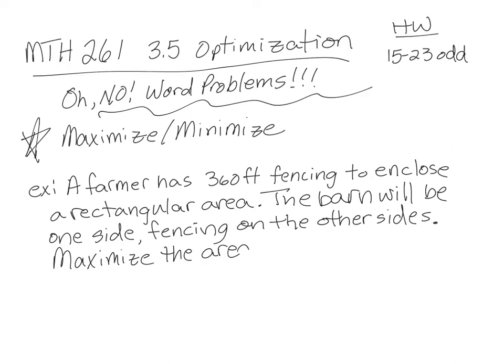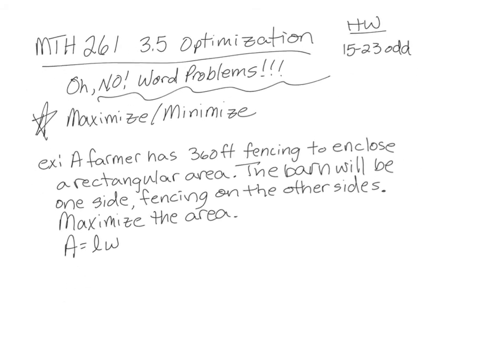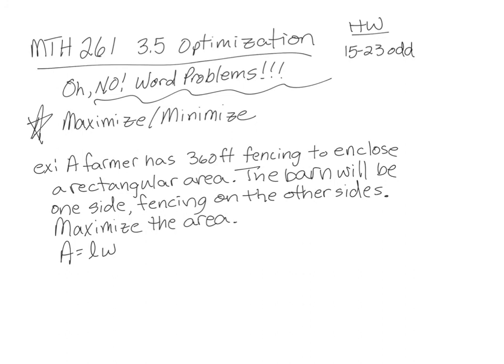So what do you have to find the formula for? Area of a rectangle. Well, area is length times width. Okay? So you know the formula, but now you got to know the situation. So we're going to say, here's the barn. Always draw a picture if you can.